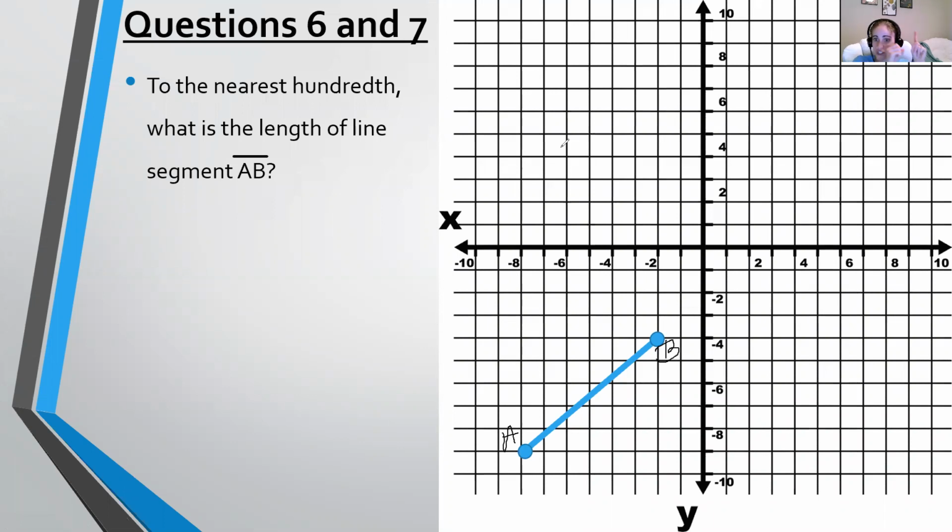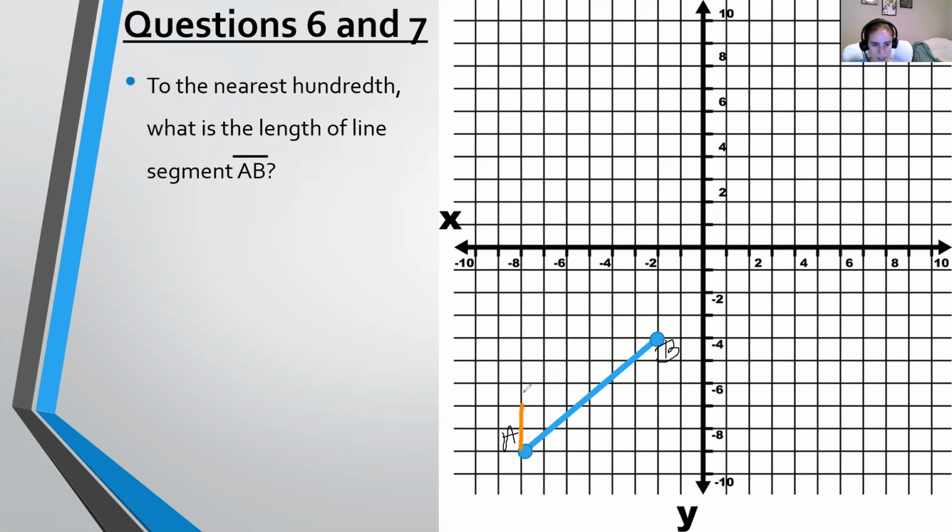You can do like we just did and create a right triangle. And by creating a right triangle, we can then use the Pythagorean theorem to find that distance. Let's go ahead and make ourselves a little right triangle here.